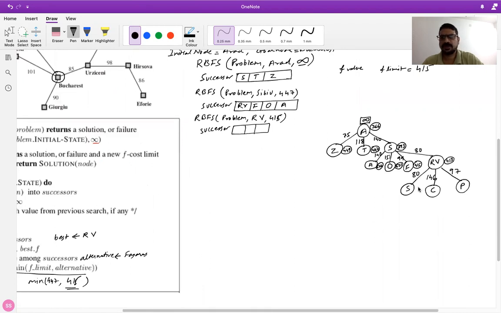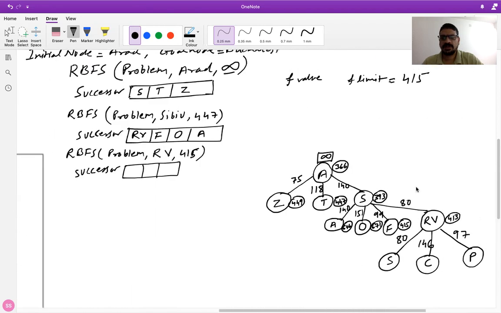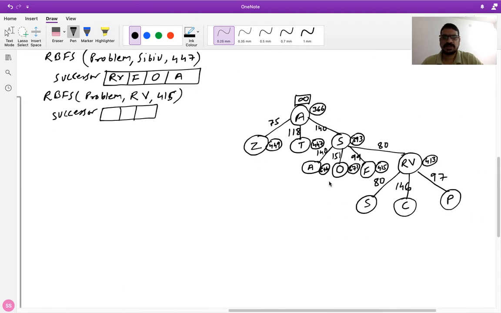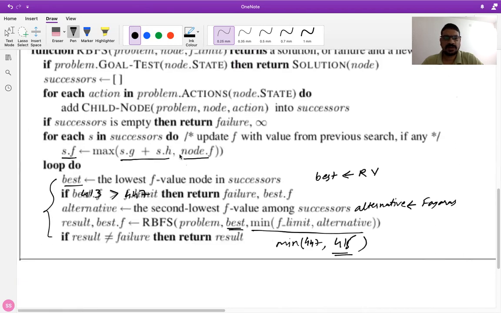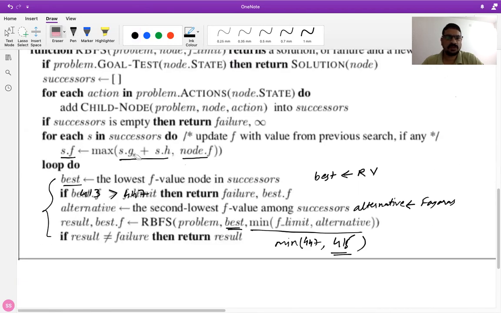Now I'll put those into the successor list: Pitesti, Craiova, and Sibiu. Now I'll calculate the F value for each and every node in the successor list, because the successor list is not empty.